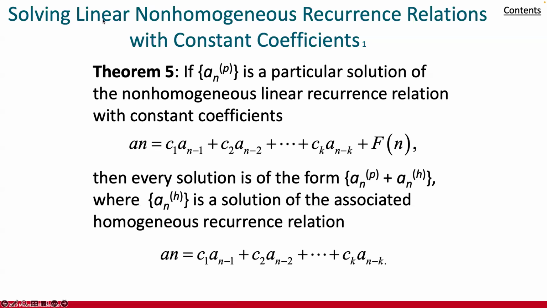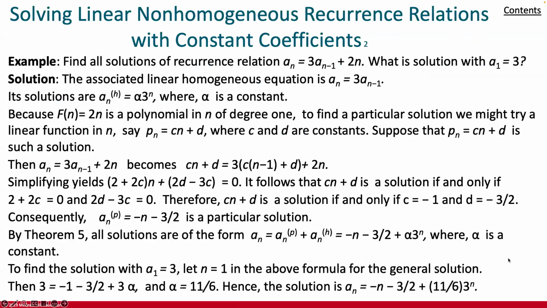Then we have the tools to go about solving linear non-homogeneous recurrence relations with constant coefficients. Here is a theorem that's going to help us accomplish that. And here is an example, and I won't go through this either, but just skip over to the next section.